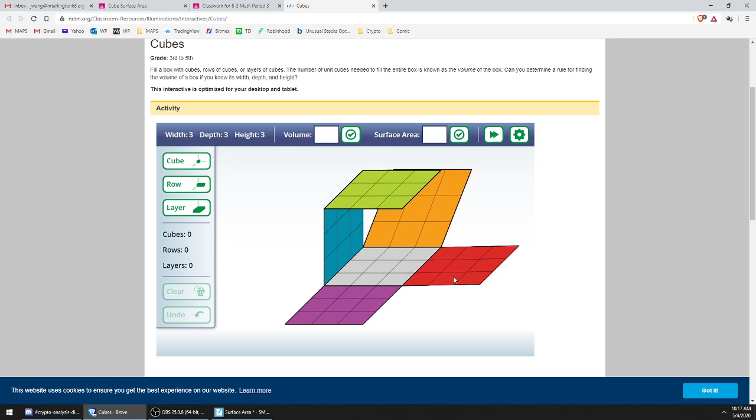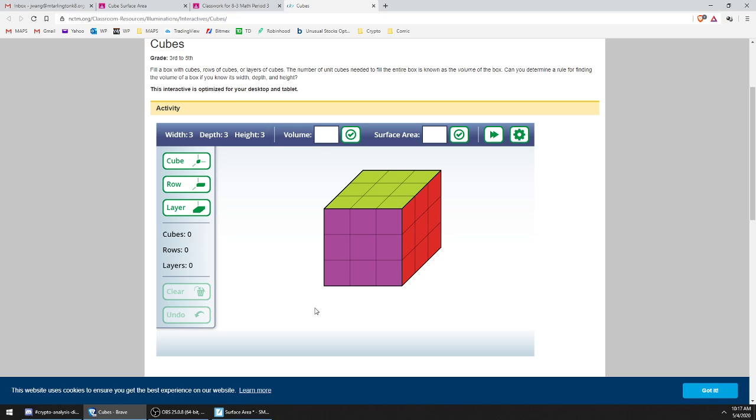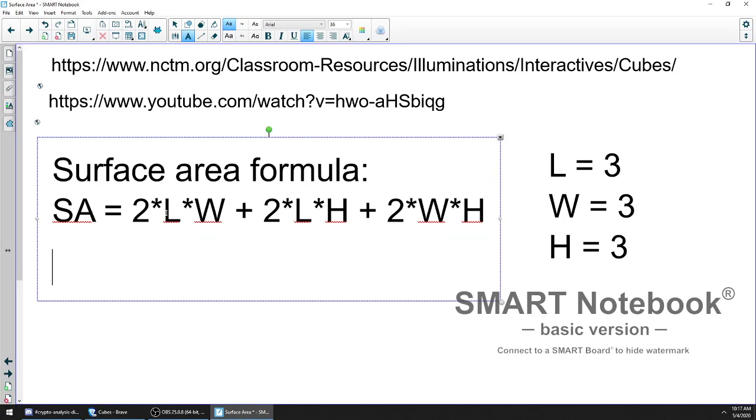Because I have this cube, I want to figure out the dimensions, and using those dimensions, I can plug it into the calculator. Now, you might ask, I don't know what 2 times length times width means. Why 2?